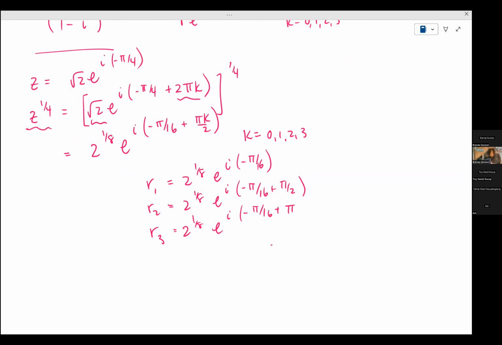This one here is k equals 0. This is k equals 1. This is k equals 2. And then the fourth root will be e to the i minus pi by 16 plus 3 pi by 2. That's k equals 3.